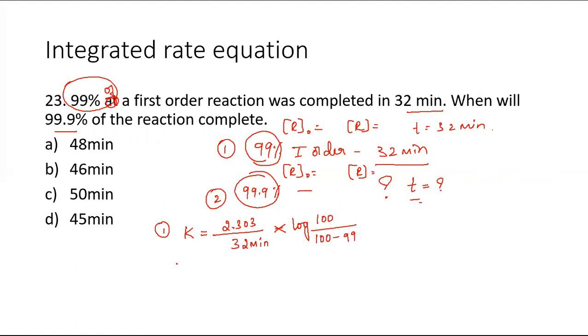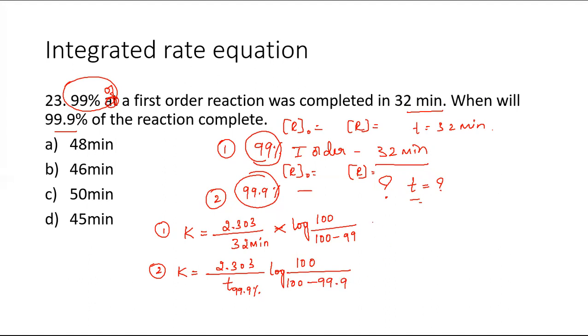This is how we can express the equation of a first order reaction. Similarly, the second one: K is equal to 2.303 divided by time, which we don't know. The time for 99.9% we have to find out, log initial concentration is 100 and final is 100 minus the given percentage.